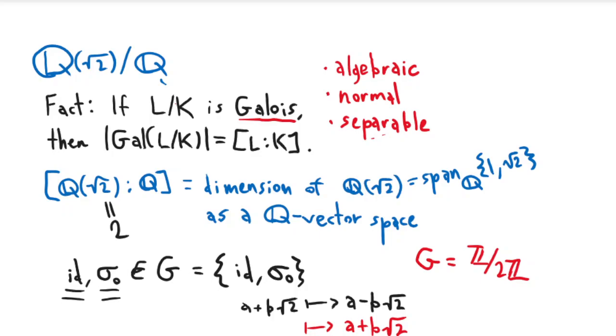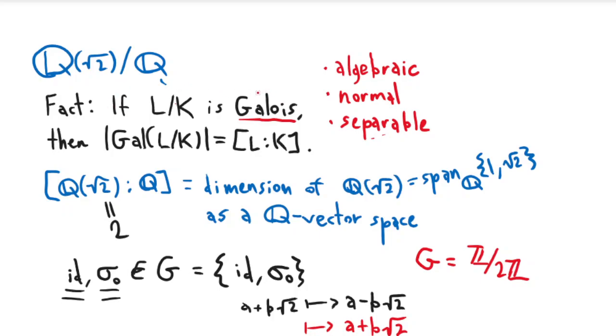And so the point of what I wanted to do with this example is that with this particular extension, you can really narrow down what the automorphisms are. So you're like, okay, I have Q adjoin square root of 2. I want to know what all of the Q-linear automorphisms are of this extension.